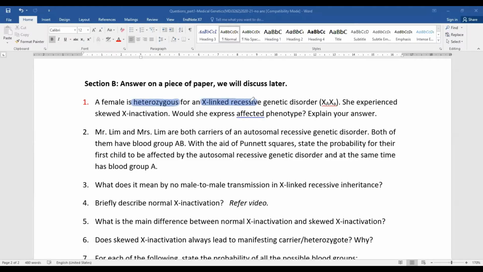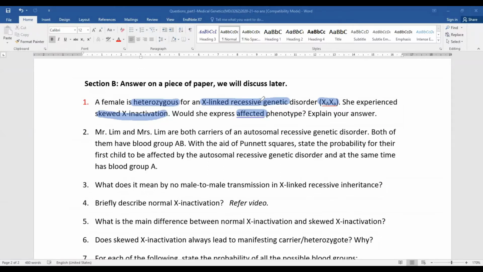For an X-linked recessive genetic disorder, so this is her genotype. She experienced skewed X inactivation, right? I gave you a video which explained normal X inactivation and skewed. So she has skewed X inactivation. Now the question asks you, would she express affected phenotype? Yes or no? Yes, can. Everybody agree?